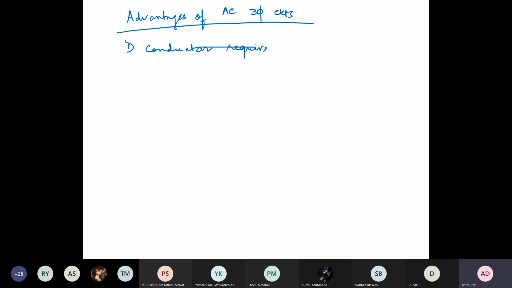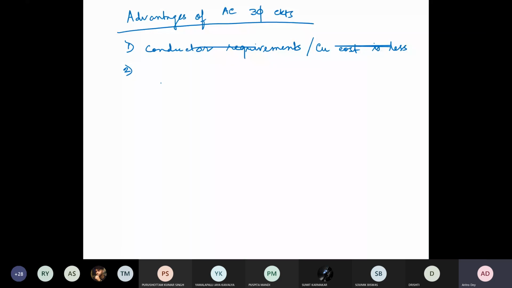Advantages: conductor required is less, that means your copper cost is less. You can use it for the distribution purpose because you have two sets of voltage.